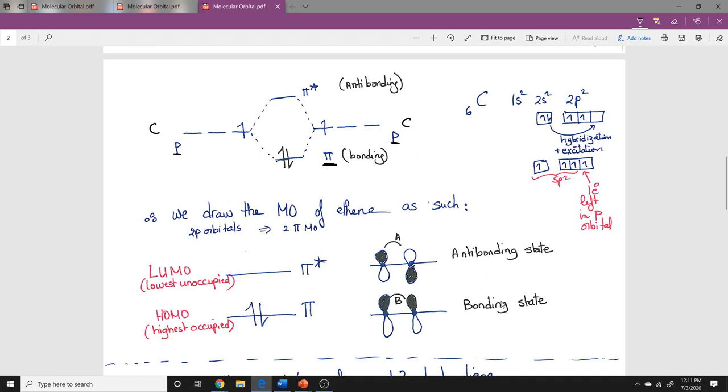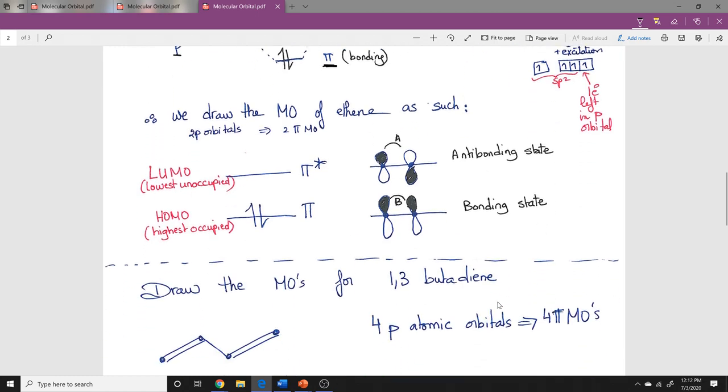Then draw its molecular orbitals and pick out the lowest unoccupied molecular orbital, and then see if there is any bonding between the highest occupied molecular orbital and the lowest unoccupied molecular orbital for both. If there's a bonding state, then this means that the reaction can happen between them and bonds can form. If there is no bonding, then this means that the reaction cannot happen.